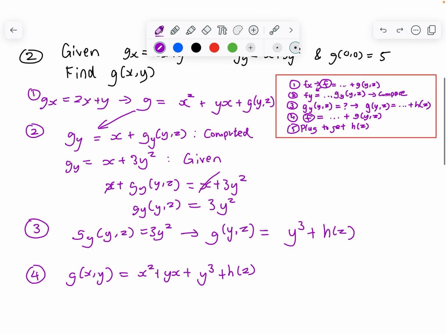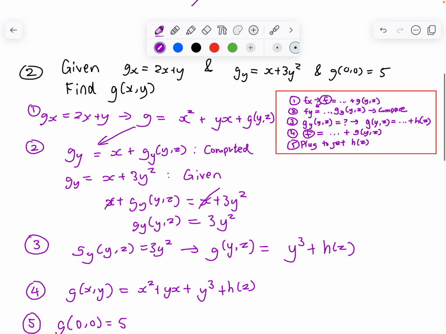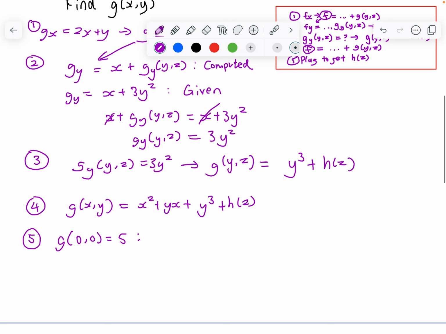And so our final step is to plug in the values that we're given. We're given that g of 0, 0 equals 5. So 0, 0 means x is 0, y is 0. If we plug that in here, we get 0 plus 0 times 0 is 0, plus 0, plus h of z, and g of xy is equal to 5. So 5 is equal to h of z.